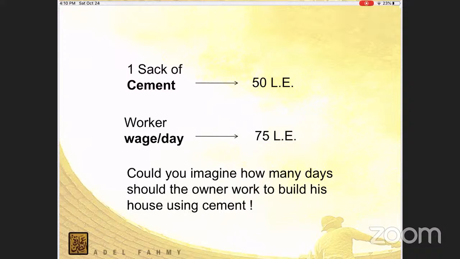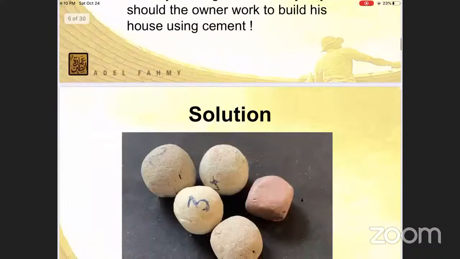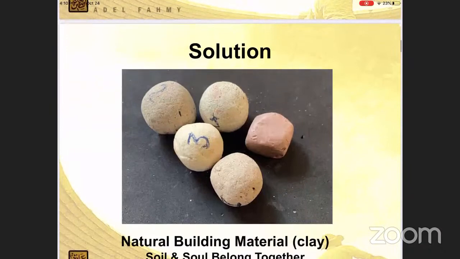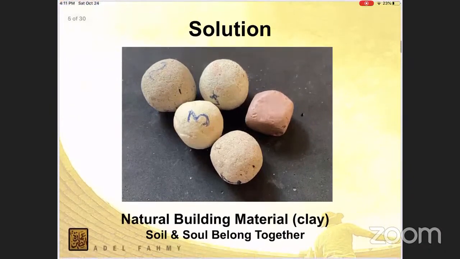So we have to think about using and the revival of natural building material. What is this? The solution, I have it here. The solution is using natural material, clay. I'm going to concentrate on clay because it is one of a lot of natural building materials.